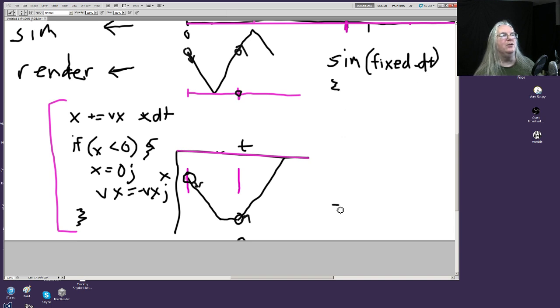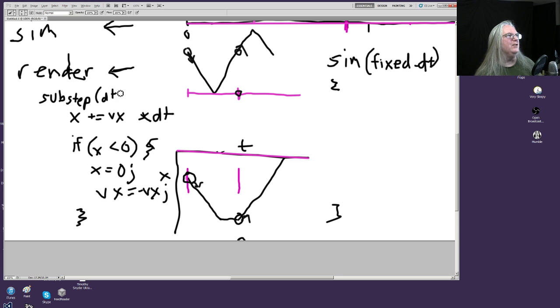Then what does this code look like? This function, instead of being our sim function, is our substep dt.